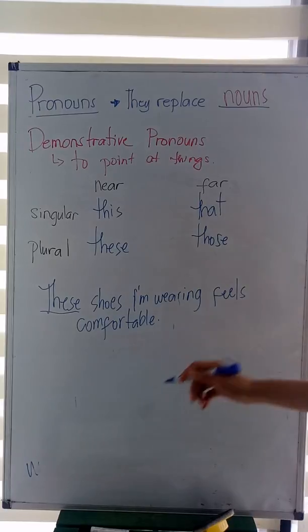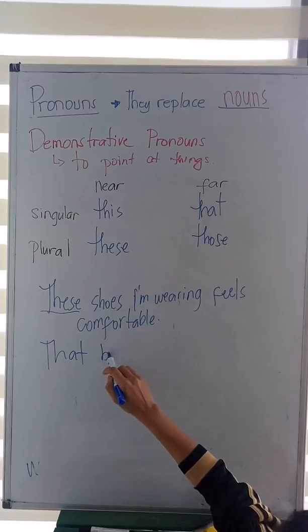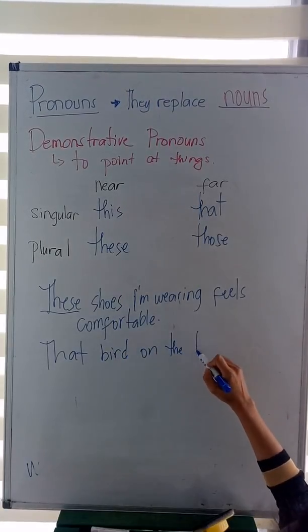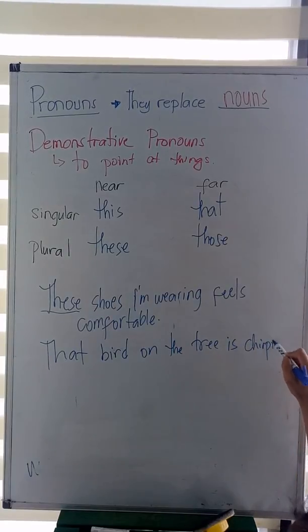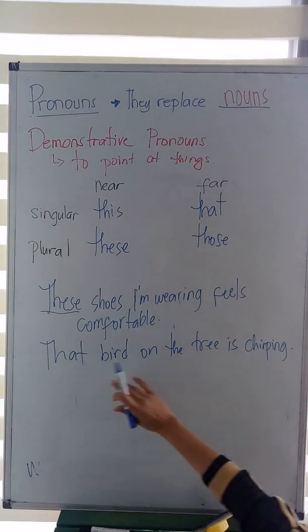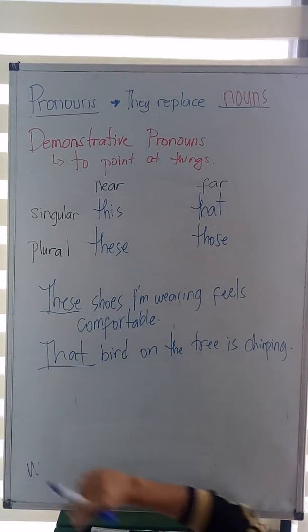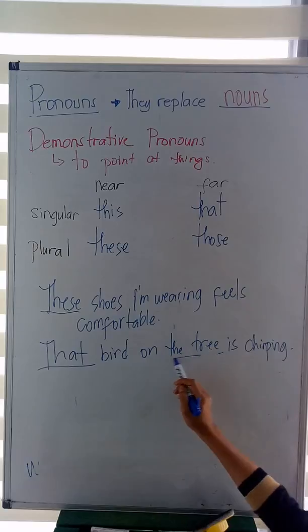All right, another example. Let's say: that bird on the tree is chirping. That bird on the tree is chirping. So we use the demonstrative pronoun that because it's not close to you, it's far, there's a distance because it's on the tree.